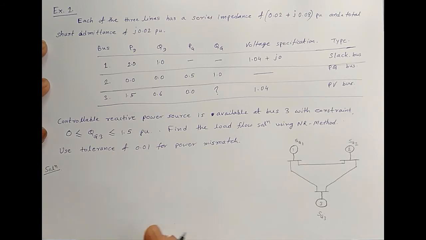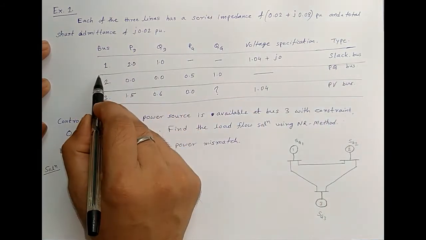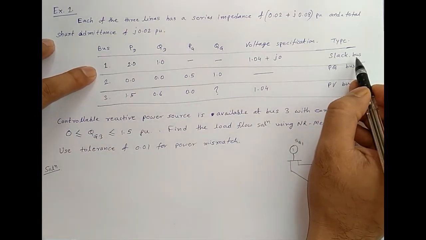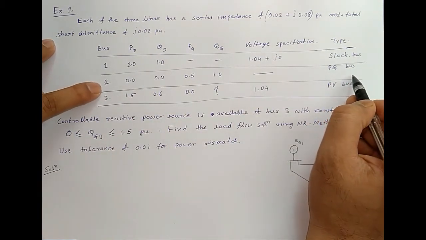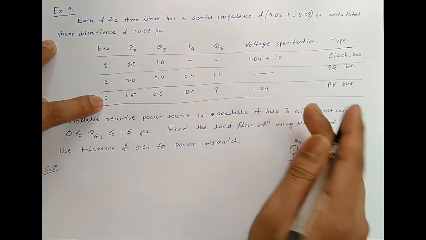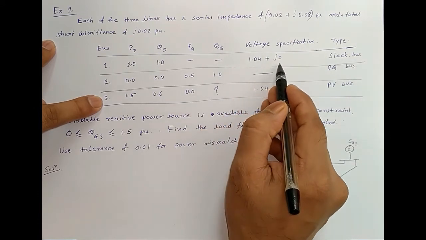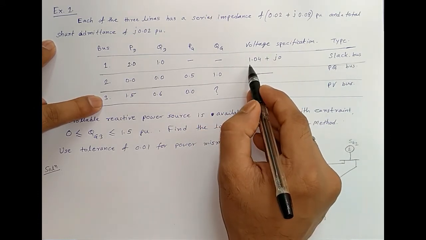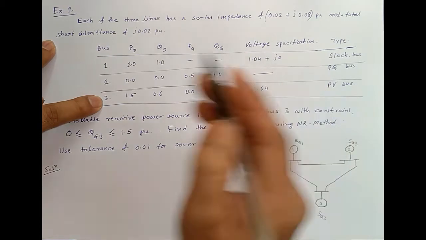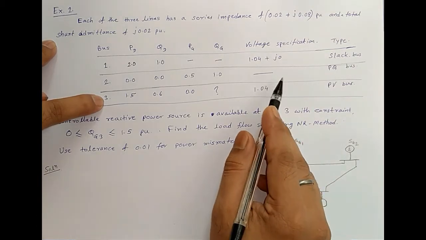The first thing in this problem: bus number 1 is the slack bus, bus number 2 is a PQ bus, and bus number 3 is a PV bus. For the slack bus, the voltage magnitude and the angle delta are given.